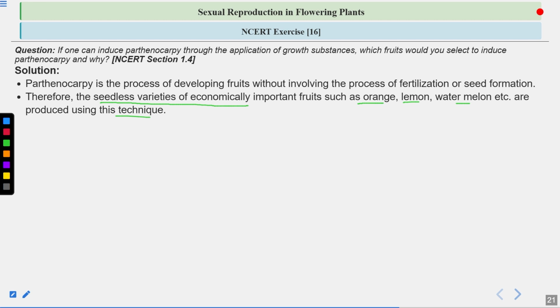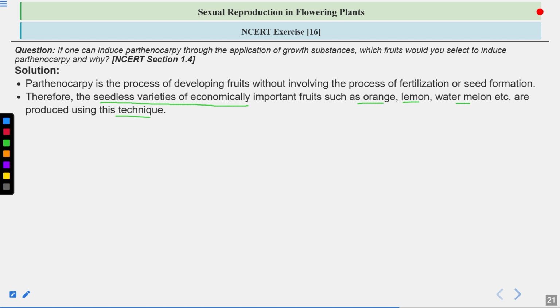So this pollen pistil interaction is there after pollination just to avoid the incompatible one. But if you still want the fertilization to happen, then you can go for this plant tissue culture technique, right?